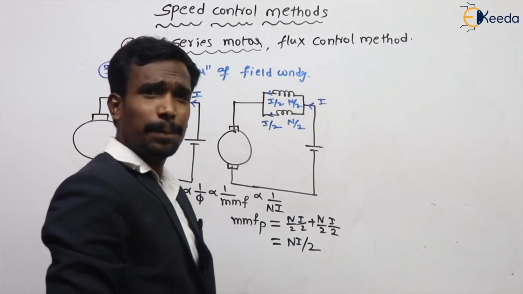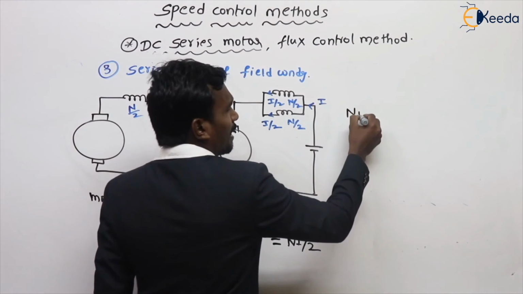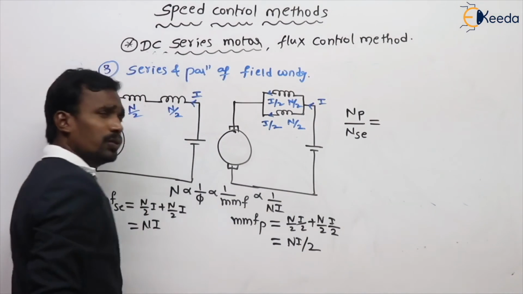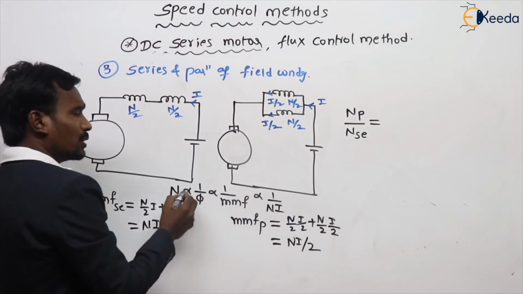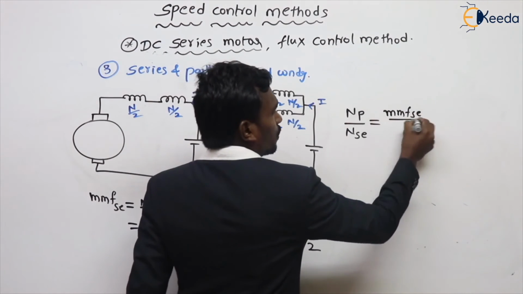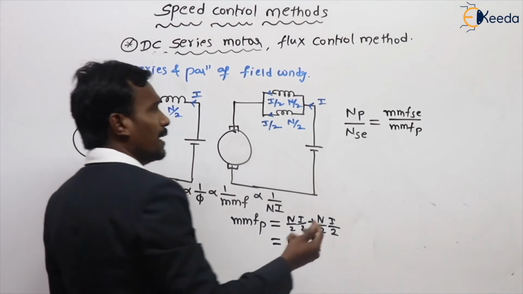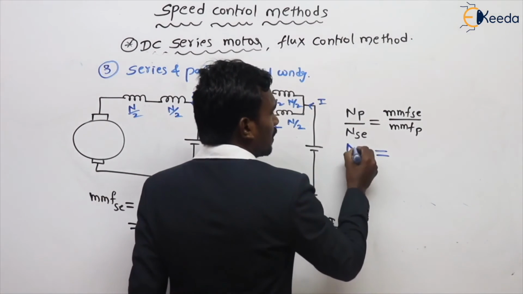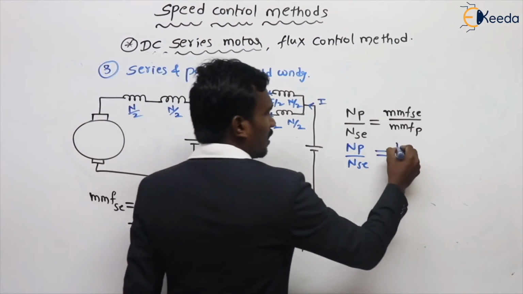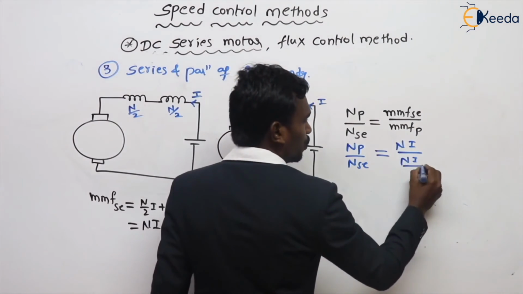Let's see. The speed in parallel connection to the speed in series connection: N is inversely proportional to MMF. That's why it is the MMF in series connection to the MMF in parallel connection. What is the MMF in series connection? It's very simple, NI upon, for parallel connection, NI by 2.